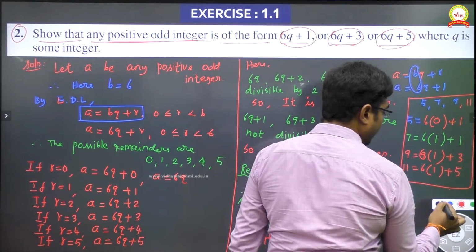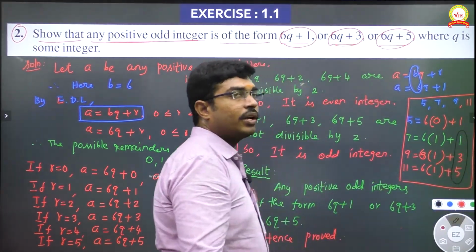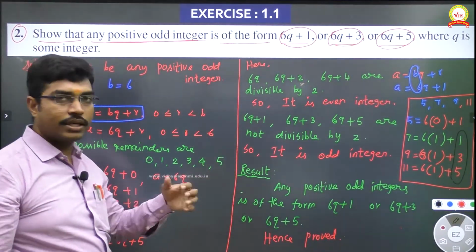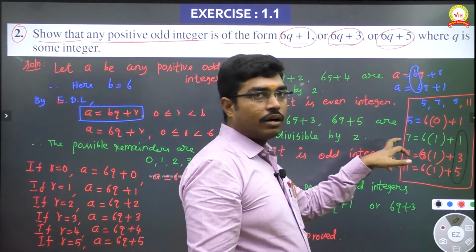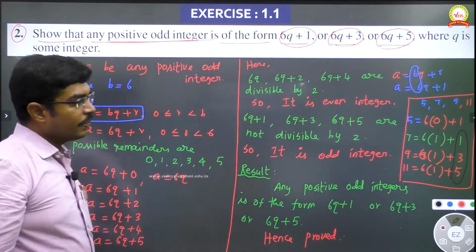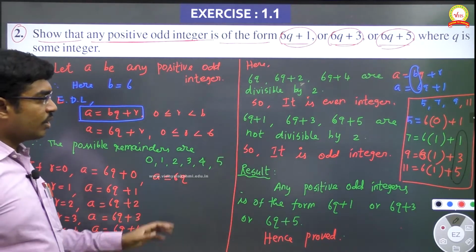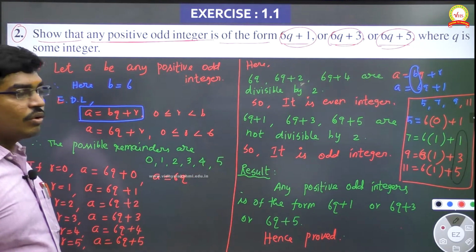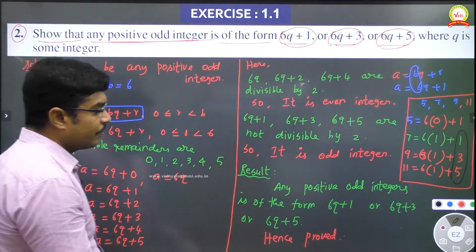So see the remainders, dear students: these are 1, 3, 5. You take any positive odd integer, we will get a remainder of 1, 3, or 5 only, where the divisor is 6. Okay, thank you my dears. Next we will go to the next sum.